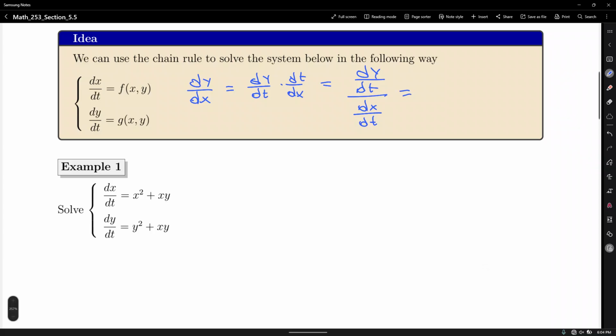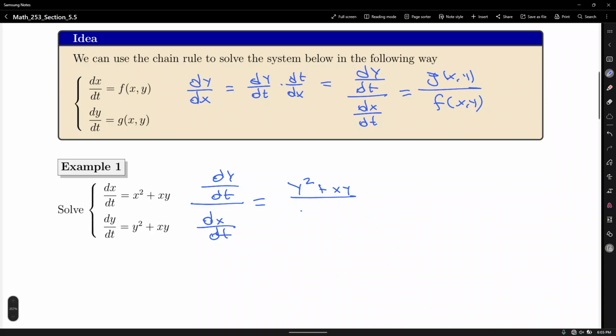Essentially this is going to be equal to g of x, y divided by f of x, y. So do the setup: dy dt divided by dx dt. Okay, that equals y squared plus xy divided by x squared plus xy.